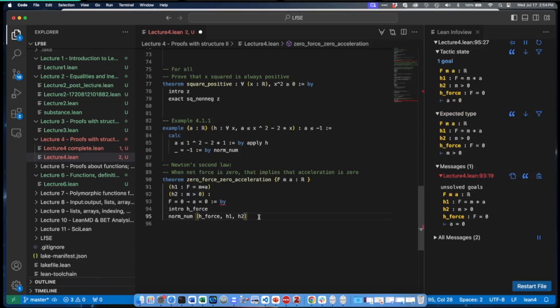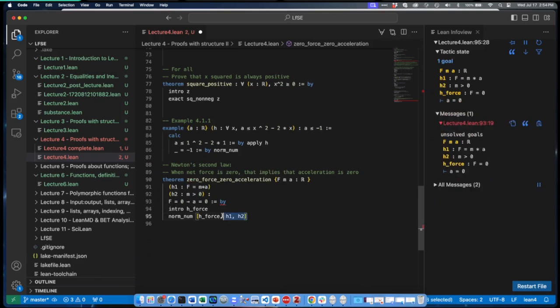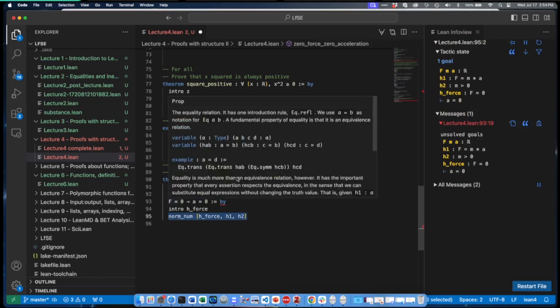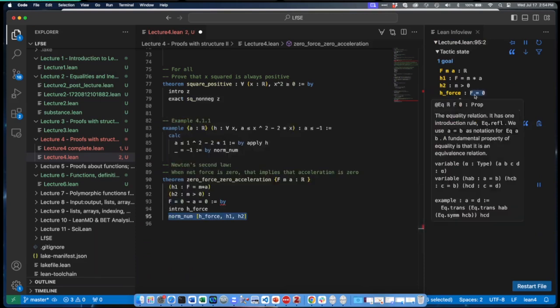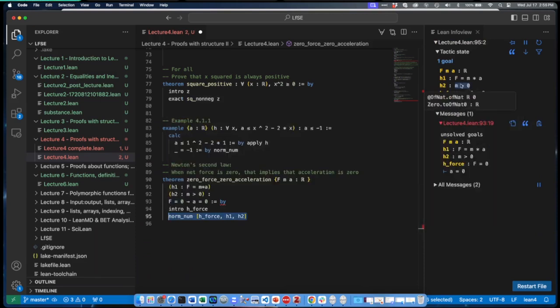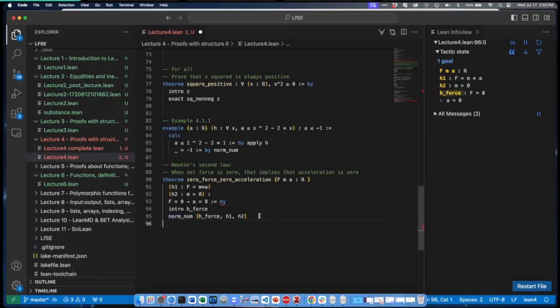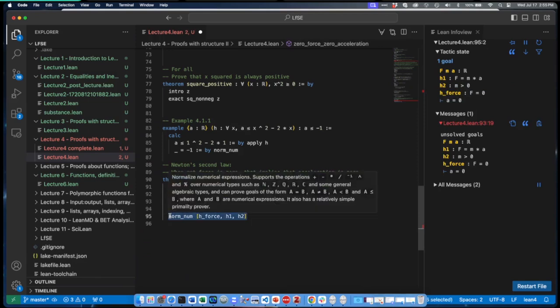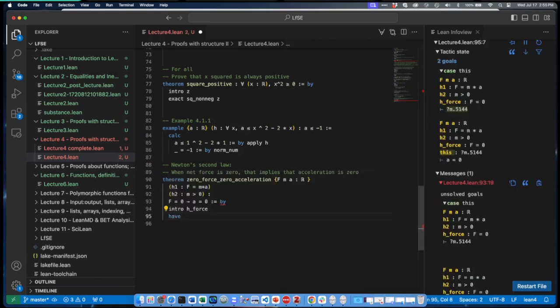I have a strategy here. Let's try to use what we have: F is equal to 0, and prove that m times a is equal to 0. There are a couple ways we could do this. One way is I could introduce a have statement. Have is how we do intermediate steps.